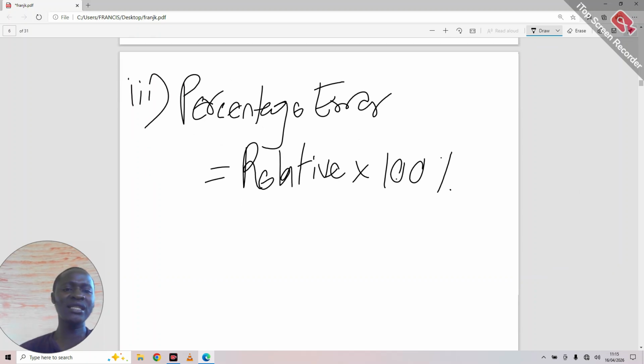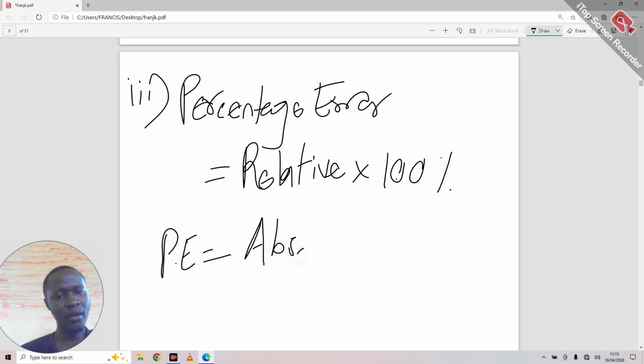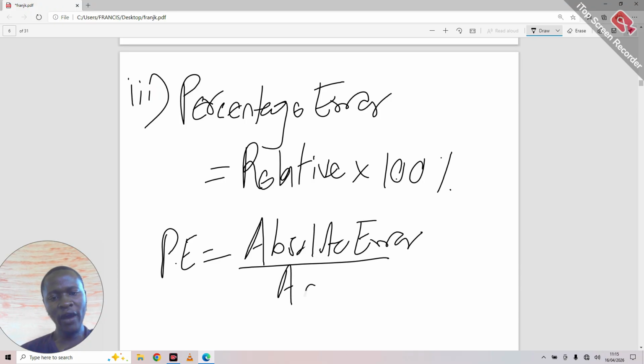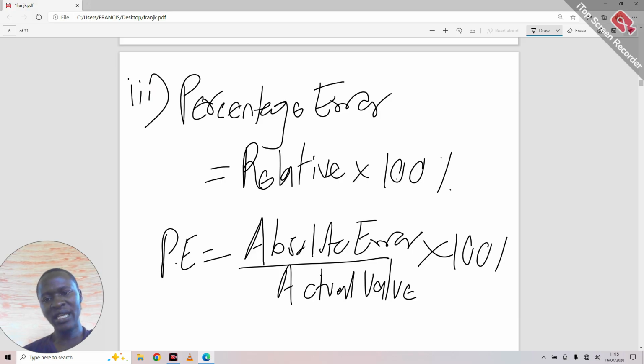But in some cases, you will be told that percentage error is the same as having absolute error all over actual value, multiplied by 100%, which is still correct.